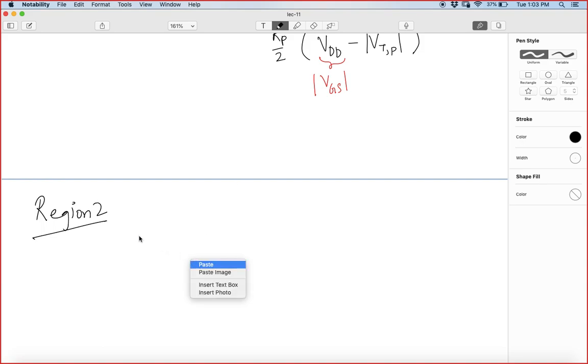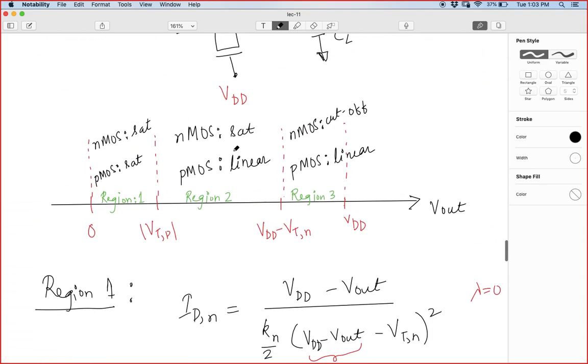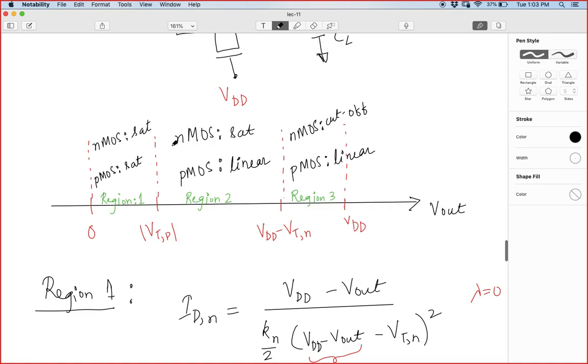In region 2, we know that the NMOS is in saturation region, so I'll have the same equation here. And of course, the PMOS is in linear region, so I just need to write the linear region equation for the PMOS.